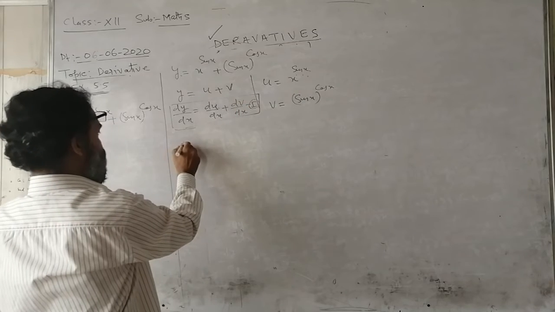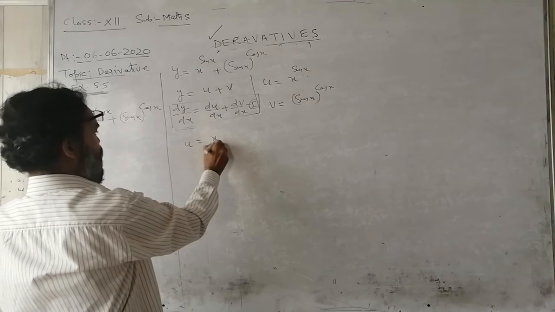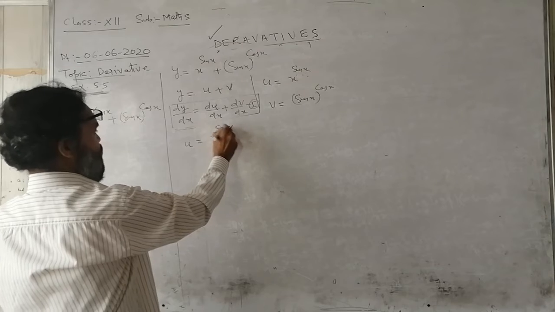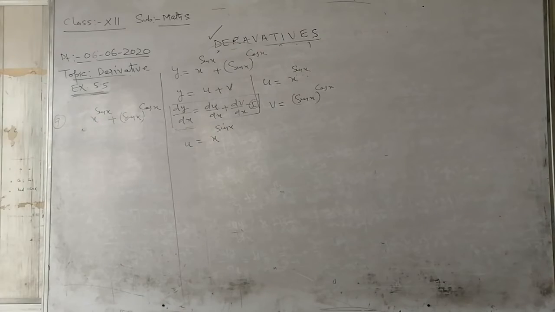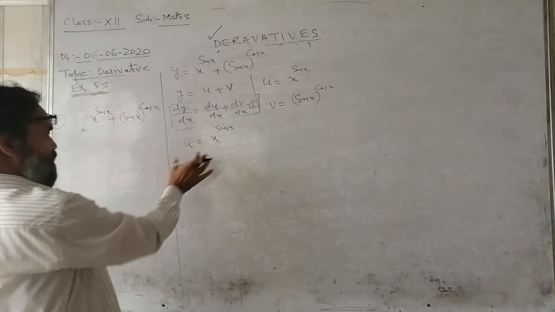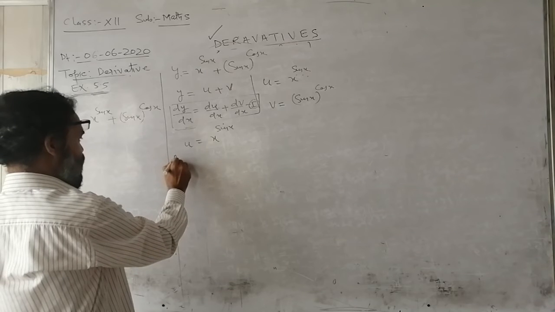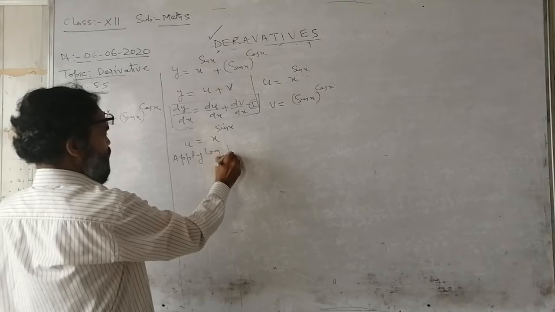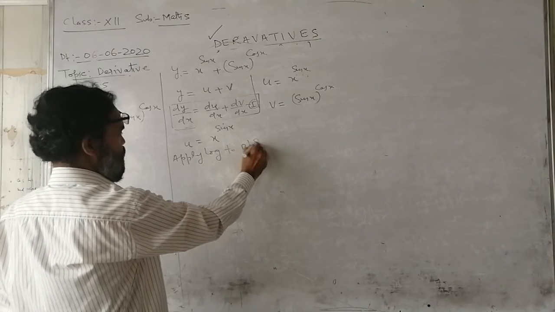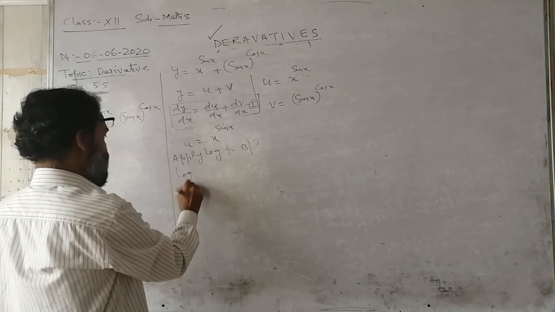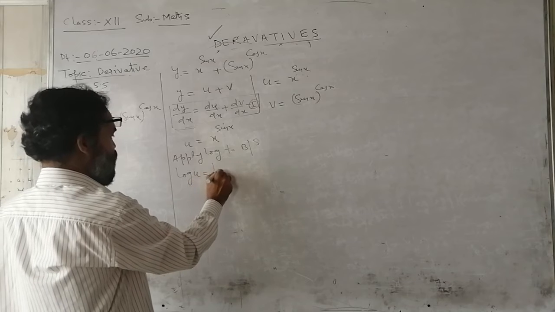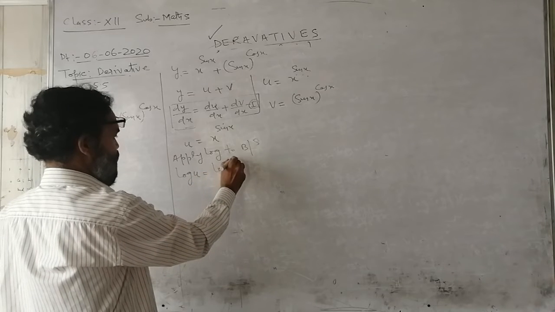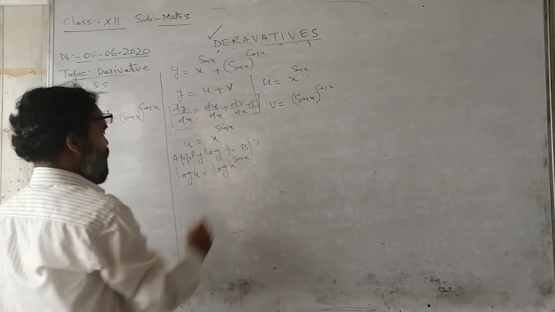So u is equal to x raised to power sin x. Apply log to both sides. So I will have log u equal to log of x raised to power sin x.